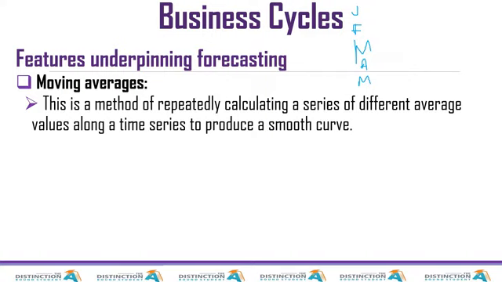And let's say we had GDP, the total value of goods and services produced in January, worth 265 billion. For February, it was 280. For March, it was 270. Let's say April was 280.